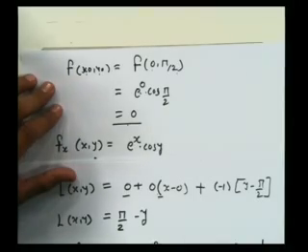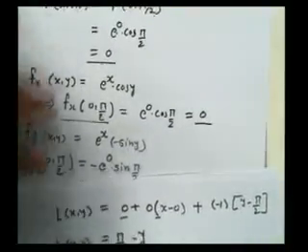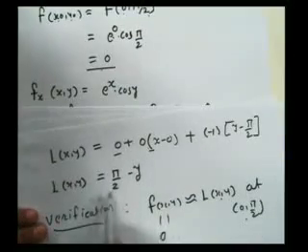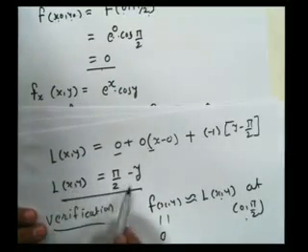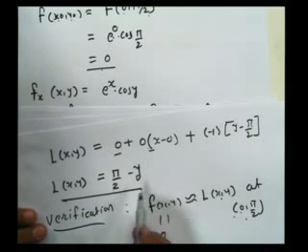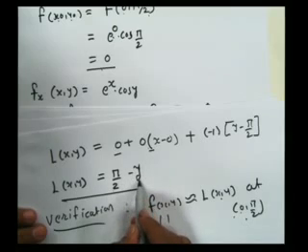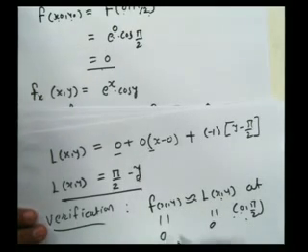So this function is 0 at the point 0 comma pi by 2. And L of x y, which we derived, is pi by 2 minus y. Now pi by 2 minus y at the point 0 comma pi by 2 is pi by 2 minus pi by 2, that means 0. So this is also 0. So both numbers are the same at this point 0 comma pi by 2.